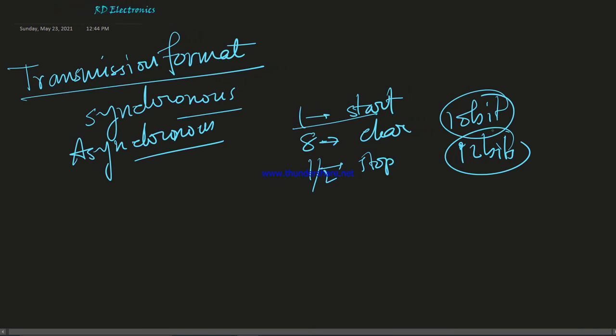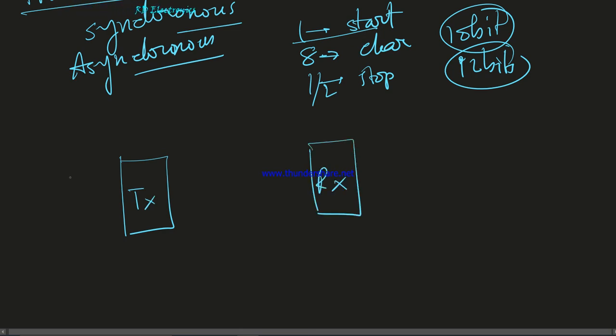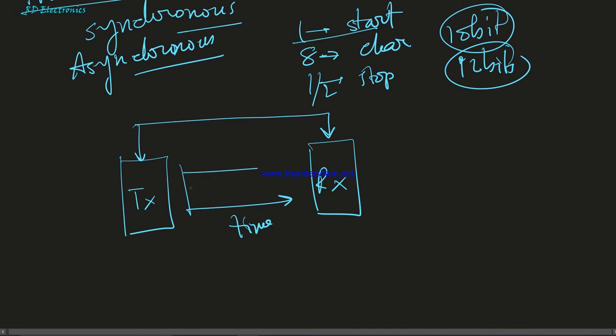so this is the first process of synchronous and asynchronous. So what about the synchronous process? If we consider this the transmitter, TX means transmitter, and this the receiver, RX means receiver. In a synchronous process, a main clock is connected to both, and here we plot time, and here is the data packet.